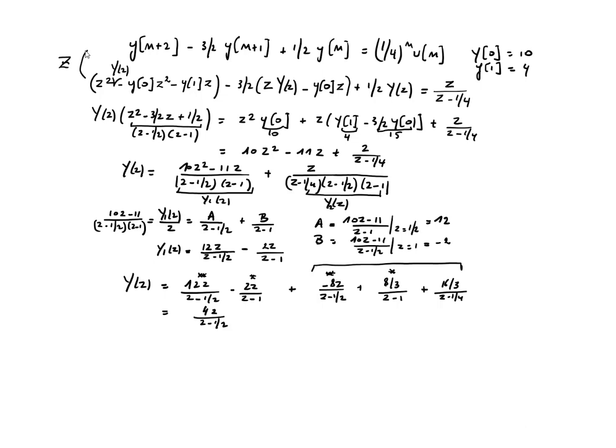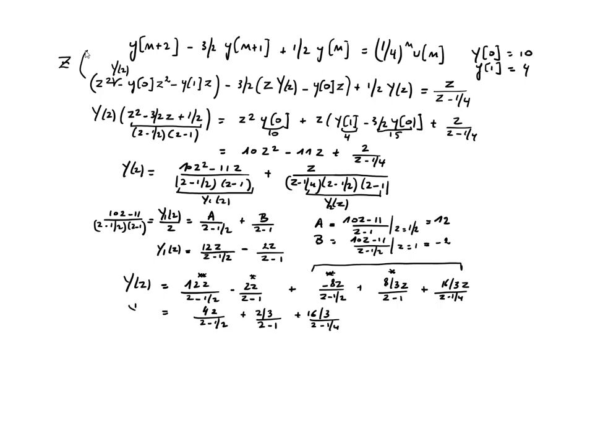It's a z here also, and so this is the expansion of y of z, and here we'll have, well, plus 2/3 over z minus 1, and then plus 16/3 over z minus a quarter, right?